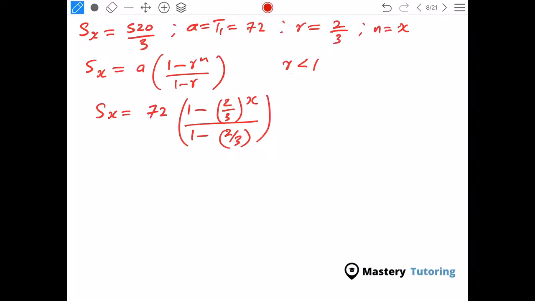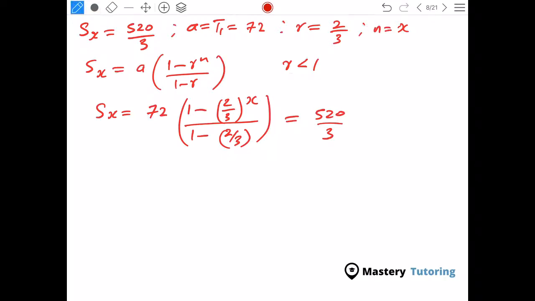So now we can easily equate it to 520 over 3. The reason why we do this is because we know that Sx is equal to 520 over 3. Therefore, we manipulate it. I'm going to divide both sides by 72, and then I'm going to cross multiply this 1 minus 2 over 3 to the other side.